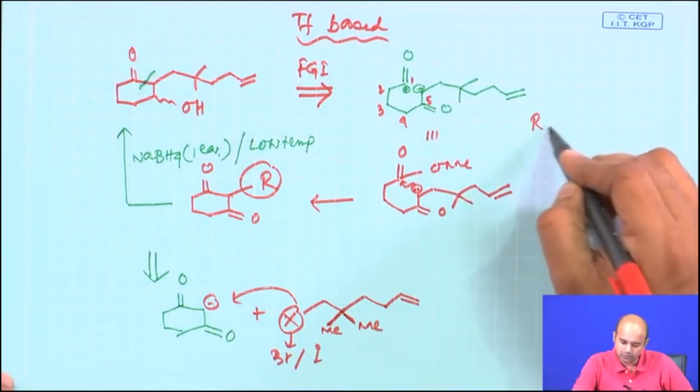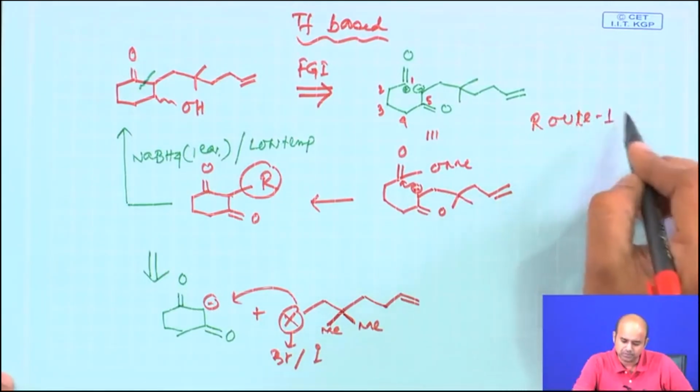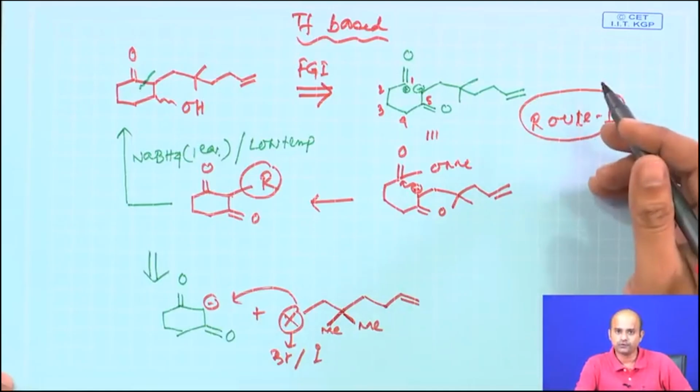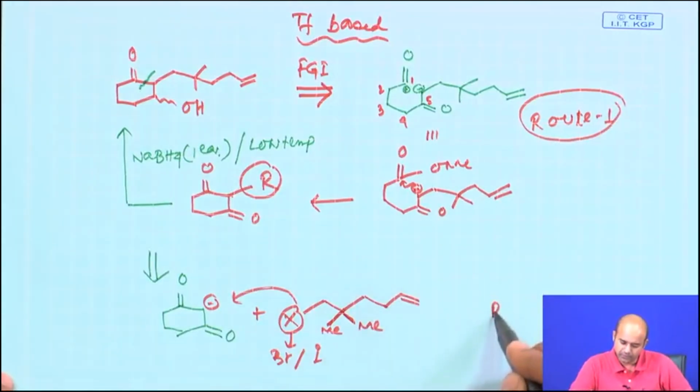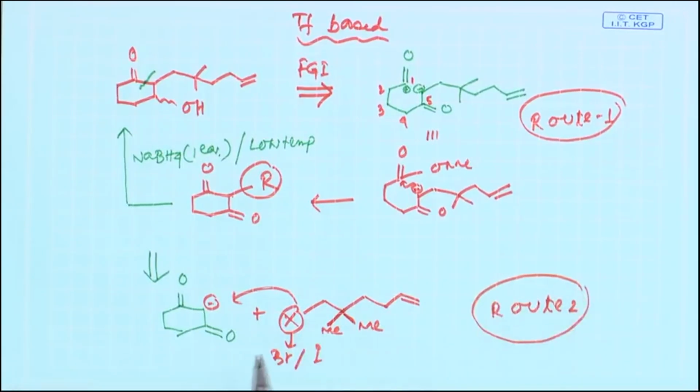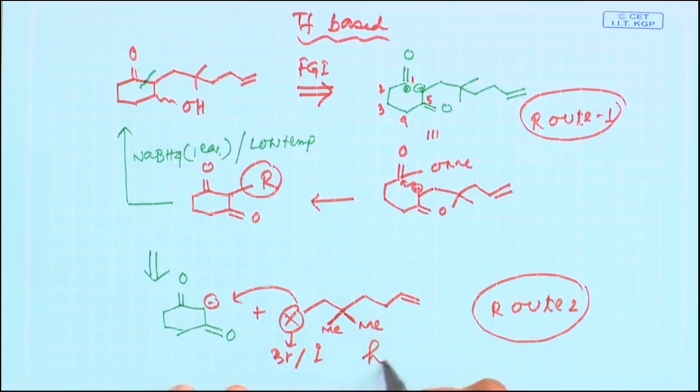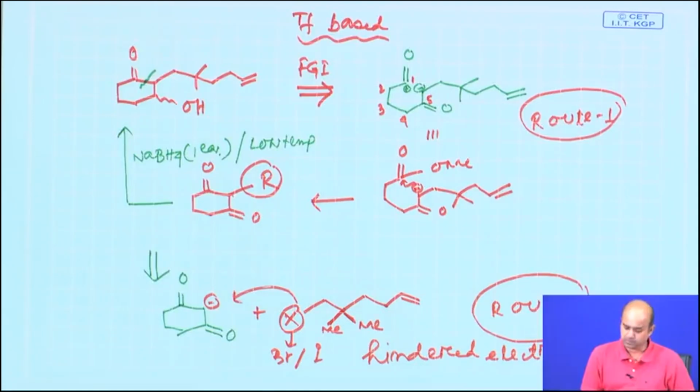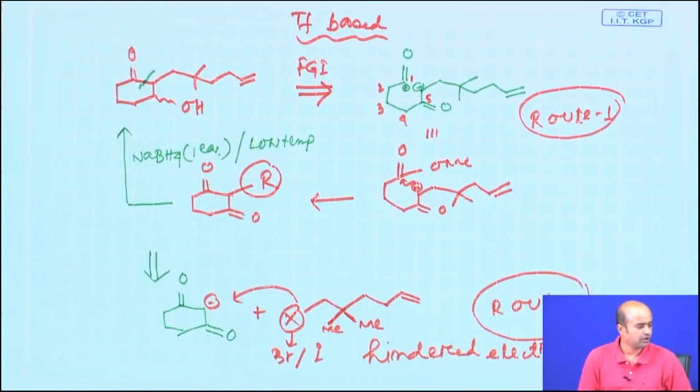Route 1 is a little more positive approach where you can do a Dieckmann reaction, whereas route 2 could be a viable route, but you have a little problem because this electrophile is sterically hindered. So you might have some difficulties, but you will not know whether you face real difficulties until you do this particular reaction.